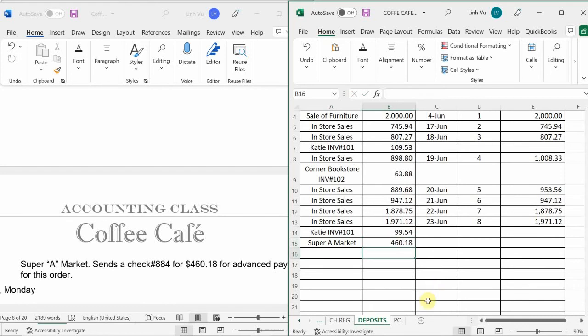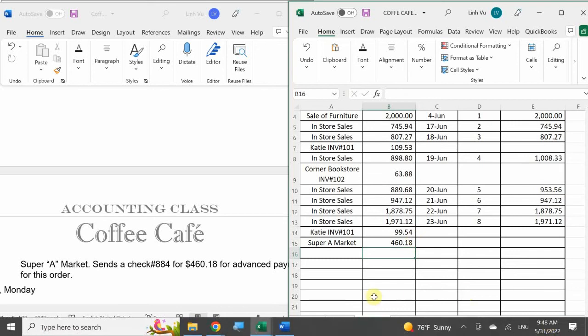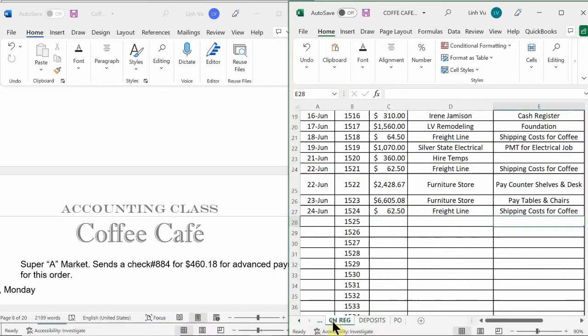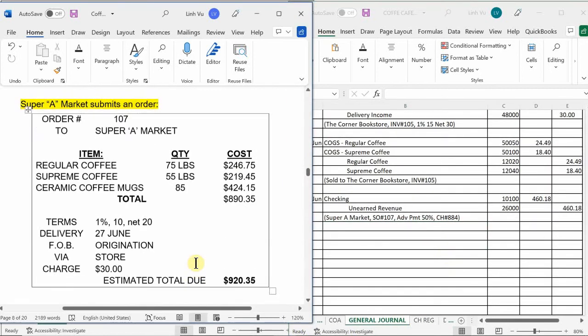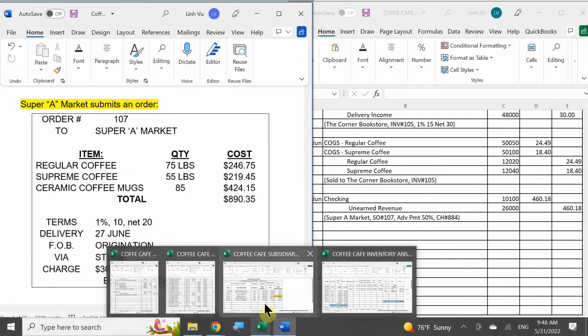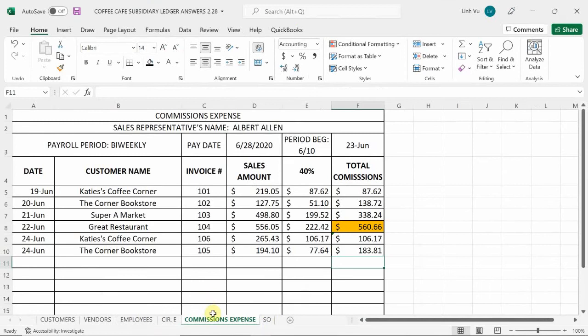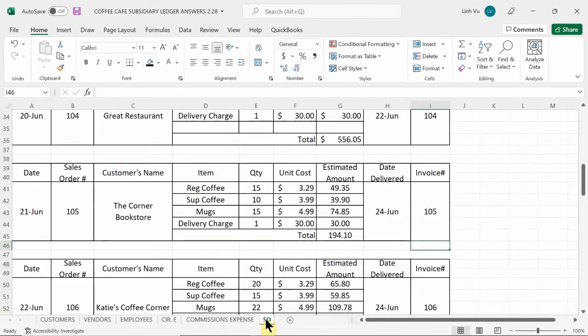Okay. All right. So let's go back to our journal here, because now we need to plug all of this into a sales order. So in this case, I have to go to my subsidiary ledger to go to my sales orders.